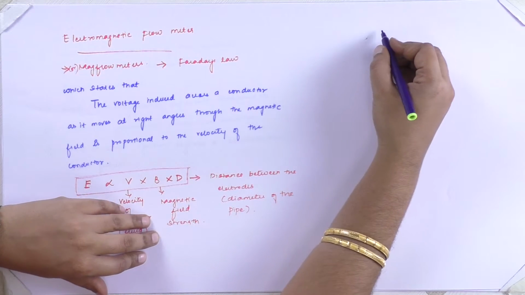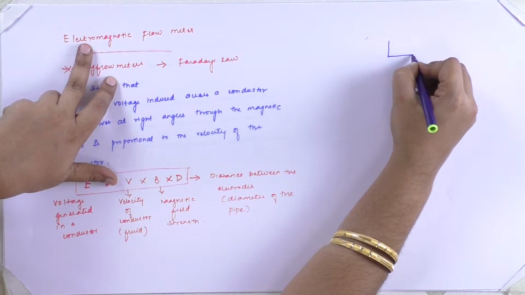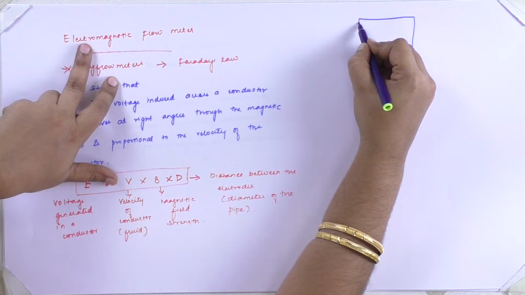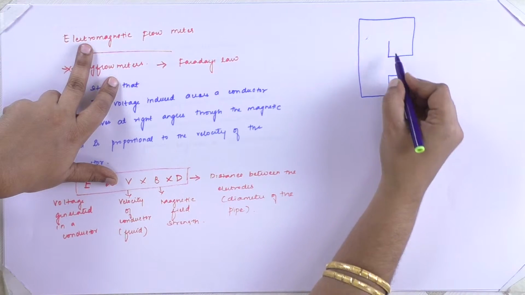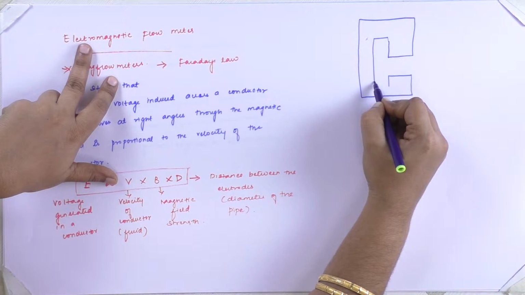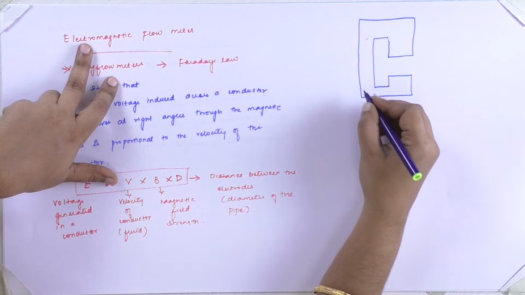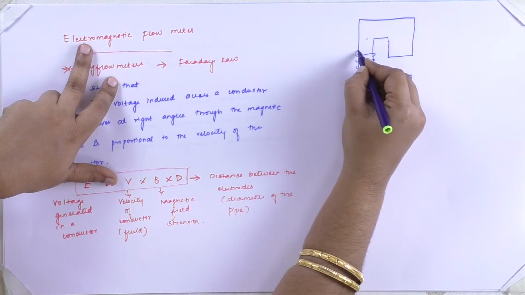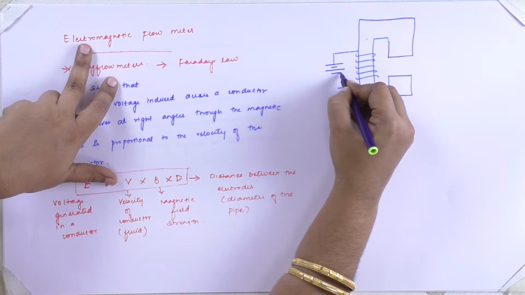Now let us see the diagram for the electromagnetic flow meter. The electromagnetic flow meter has an electromagnet which is produced by energizing the core. Around the core, a coil is wound and energized with the help of a DC supply.